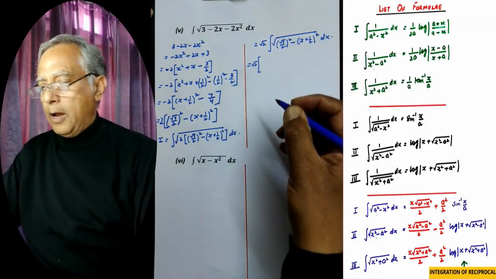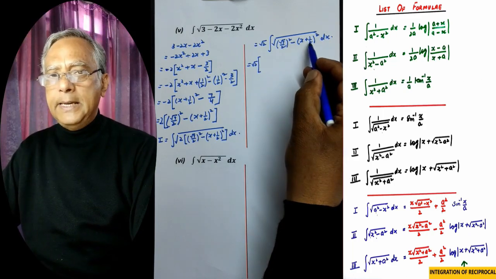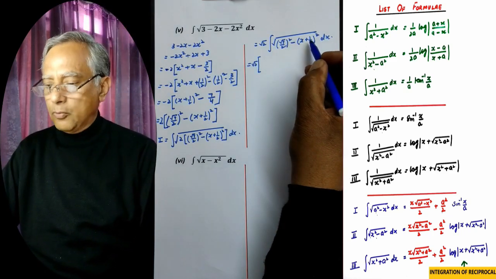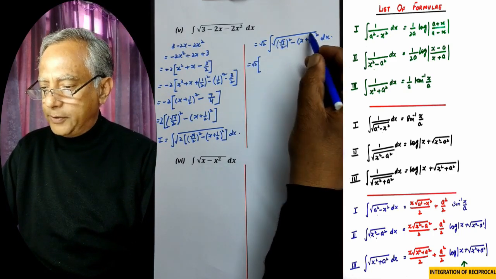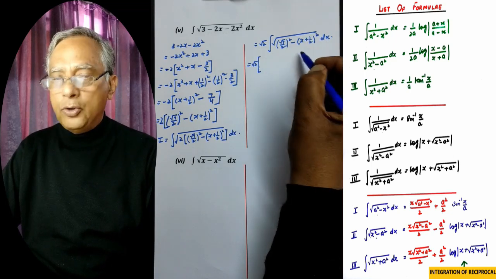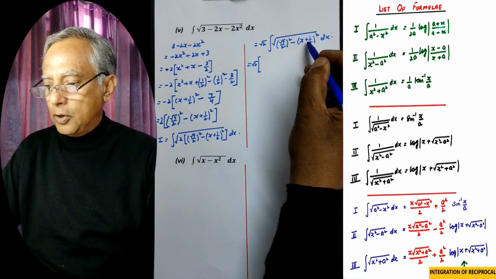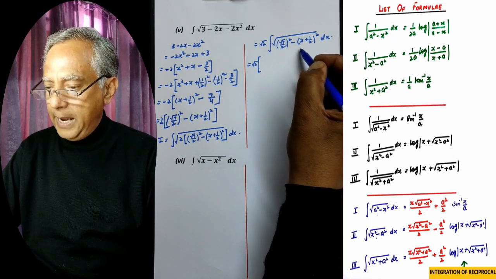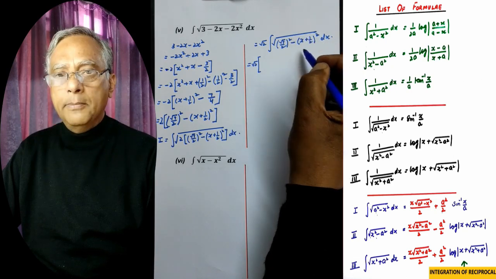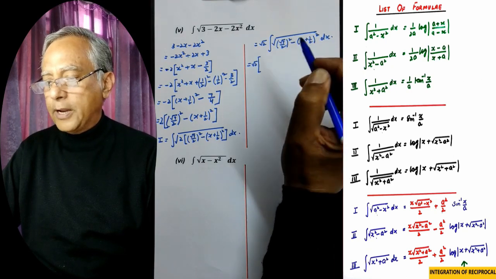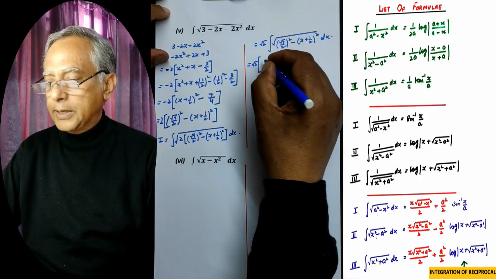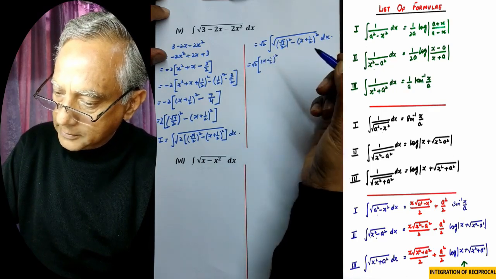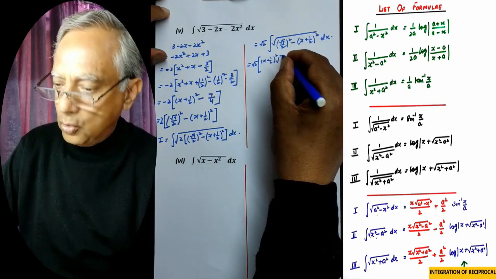2 into, now appropriate formula for this will be a square minus x square. So this will be x, what will be the formula? Formula will be x under root of this by 2 plus a square by 2 into integration of its reciprocal, that is sine inverse x by a. So this will be x under root of this by 2 plus a square by 2 and integration of reciprocal is sine inverse x by a. You can see the side sheet. So this will be equal to x. X is x plus 1 by 2 whole square.